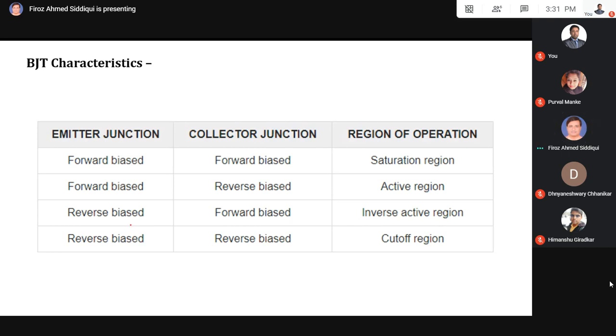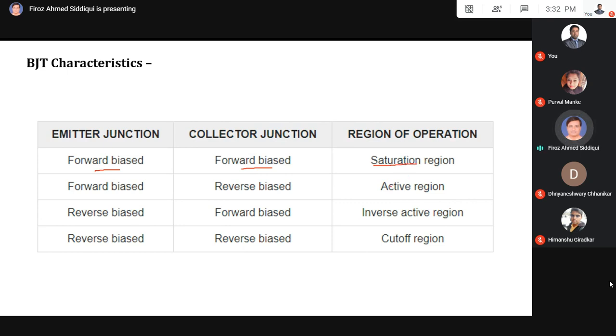See, these are the biasings. How will we bias the transistor in order to use it in different regions? If we make the emitter junction forward biased and the collector junction forward biased, the transistor will operate in the saturation region.